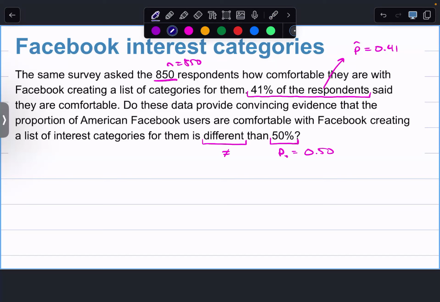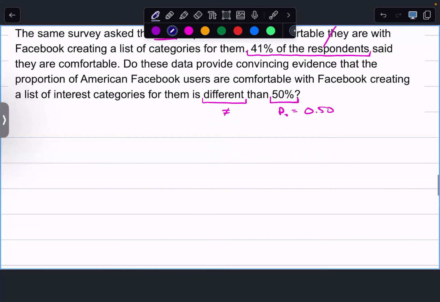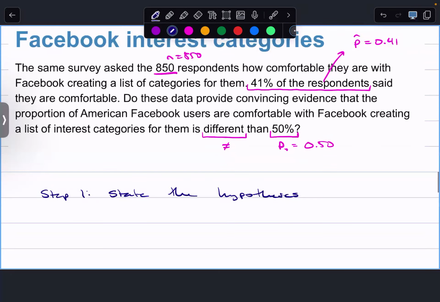Okay. So here we go. Step one, state the hypotheses. This is not usually obvious, especially as you're first starting out.